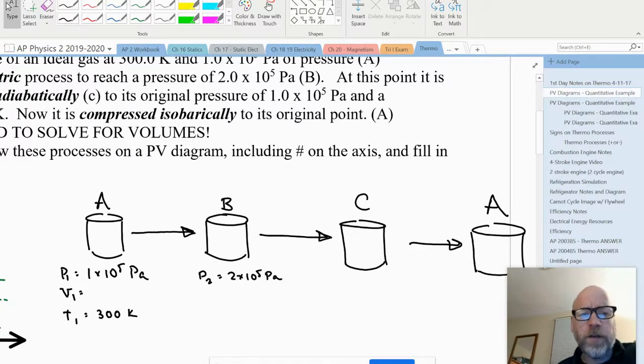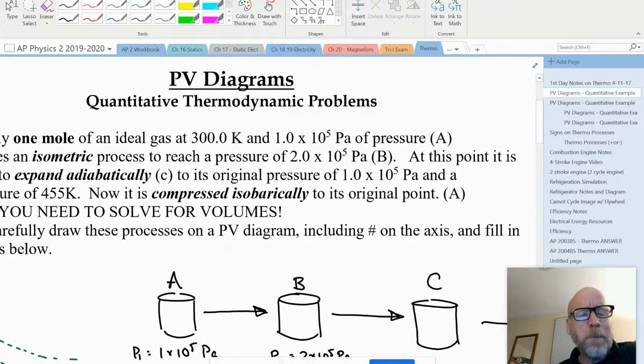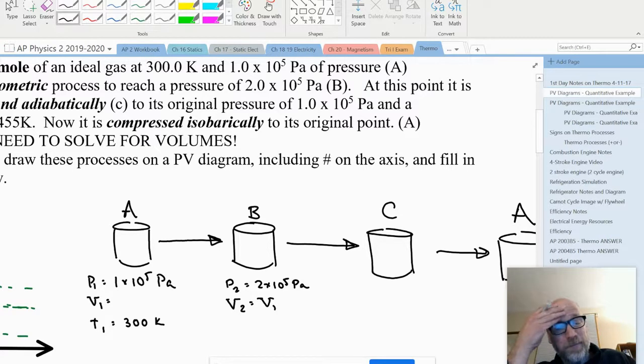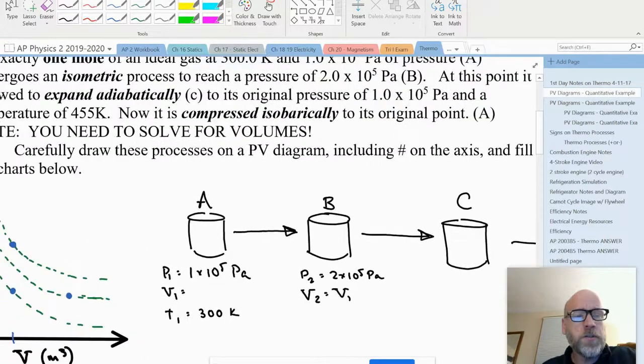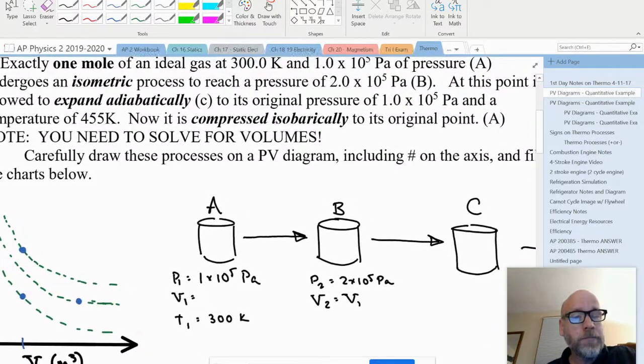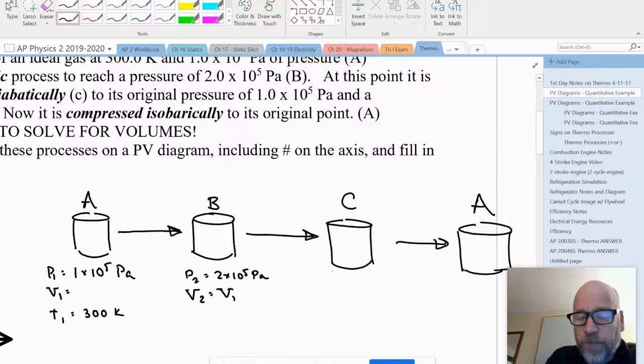Did it give me any other information? Isometric. That means the volume at 2 is equal to the volume at 1, but I still don't know that yet. Okay. At C, it says it's allowed to expand adiabatically to its original pressure.